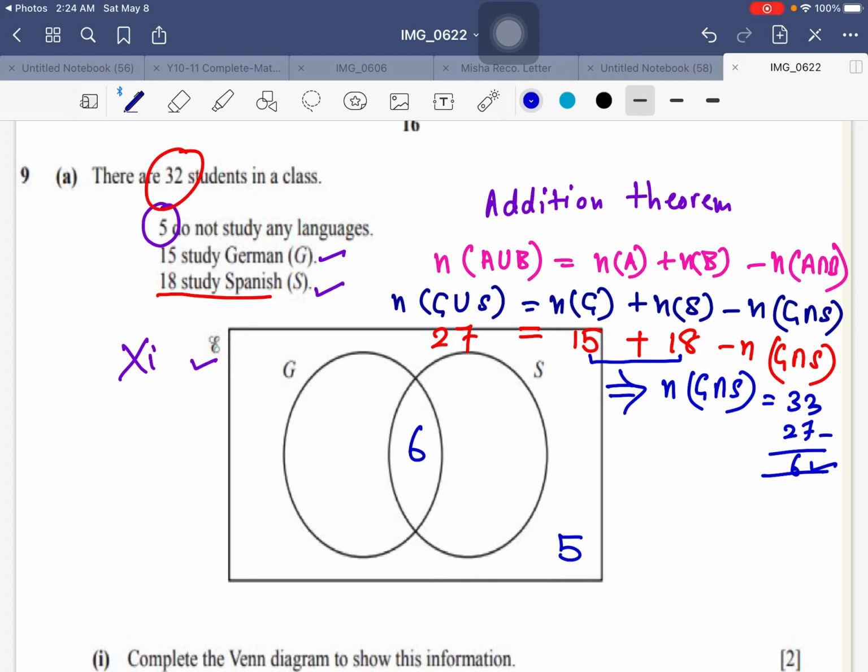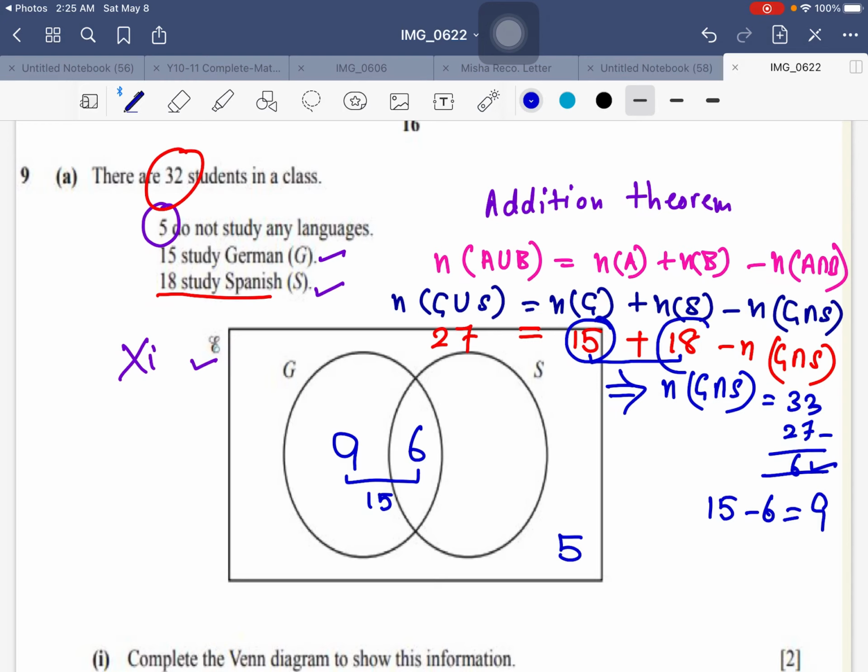We know that the number of people learning German is 15 and common is 6. So 15 minus 6 is 9. So 9 should be here. Now you can see that 9 plus 6 is 15, which is the number of students learning German language.